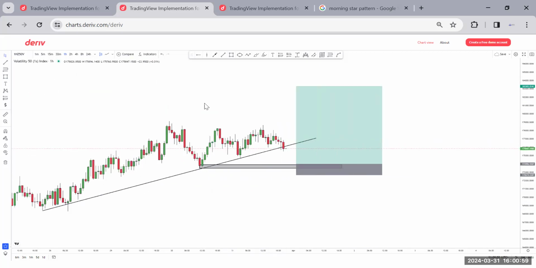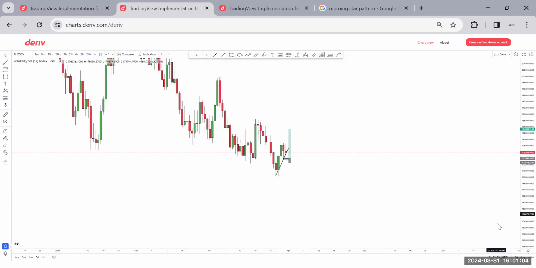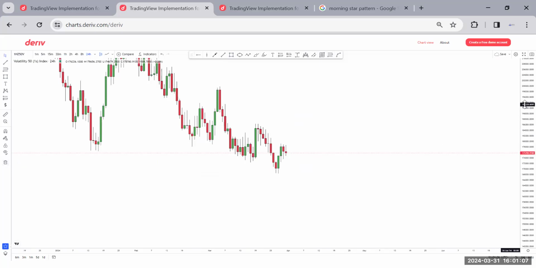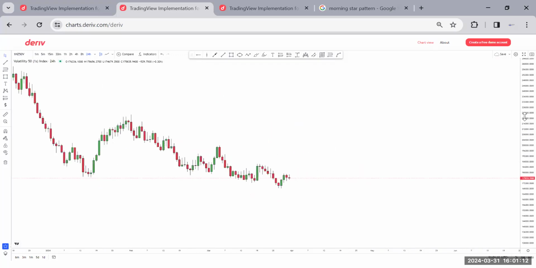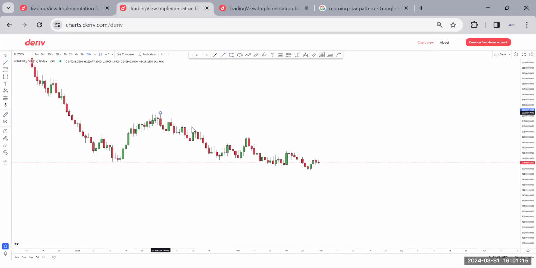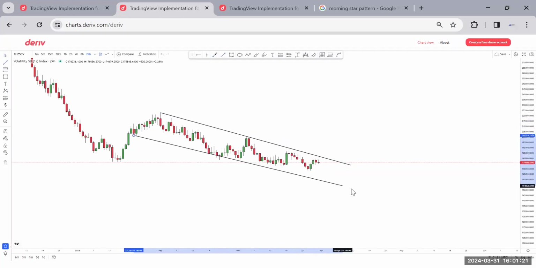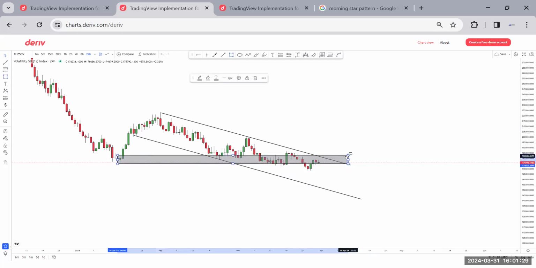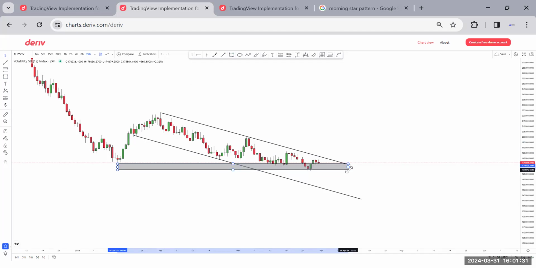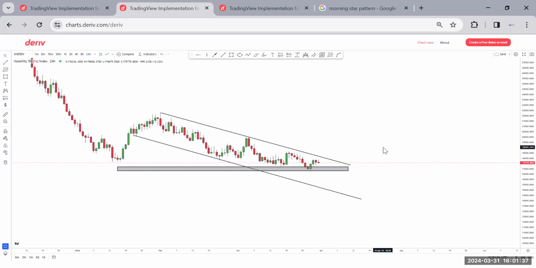This one is on a strong downtrend. This is the channel on the daily, but this area is a support zone.